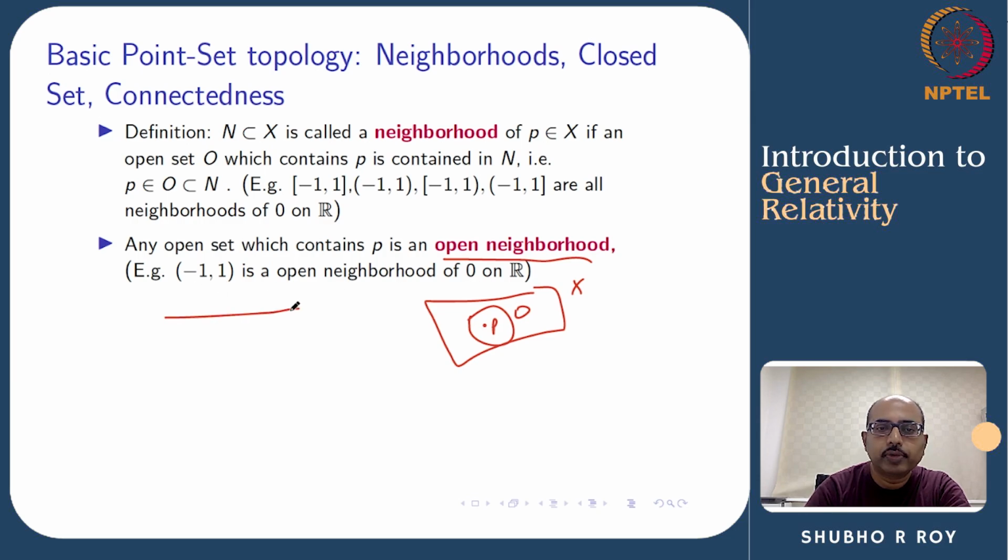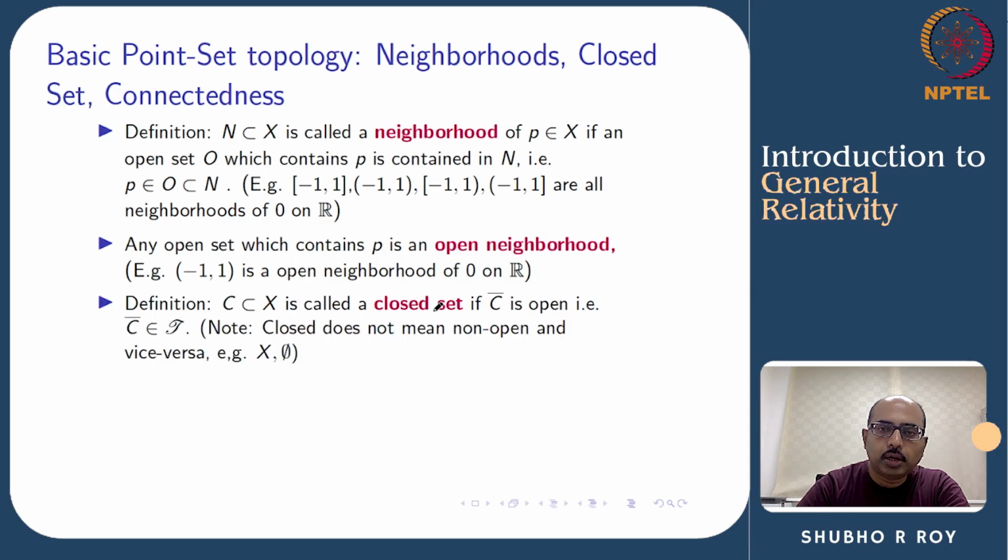That is obvious because this is 0, and the origin is contained in this open interval, so the open interval (-1, 1) qualifies to be an open neighborhood of the origin. Although a neighborhood can be generalized and doesn't have to be open, throughout this course, whenever I say neighborhood, I actually mean open neighborhood.